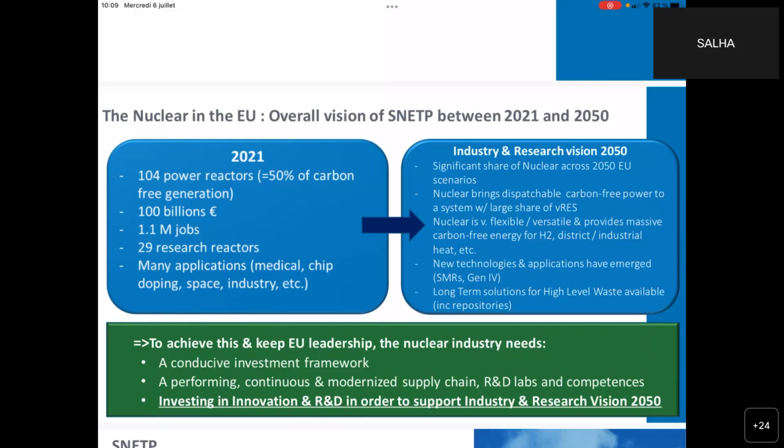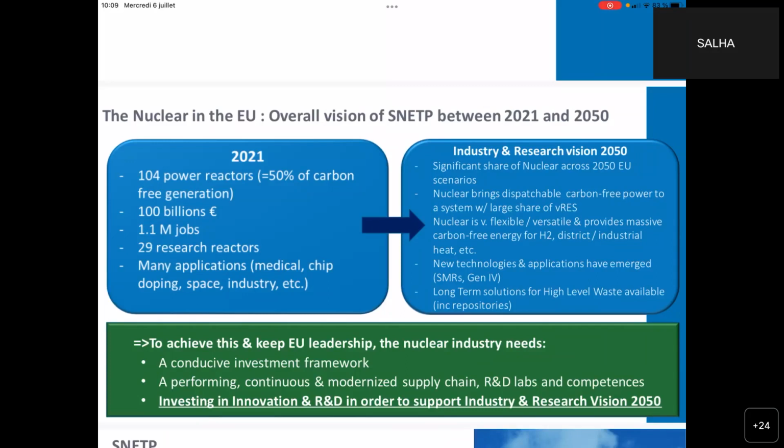And whatever the debate we have at this moment about taxonomy, and you probably know that there is a very important vote today in the Parliament, nuclear is to play a role in this landscape because it brings carbon-free power, because it's flexible, and it can be used also for hydrogen generation and for industrial heat and many other applications. We have also the question of SMRs and generation 4, which is emerging. I'm going to touch on that.